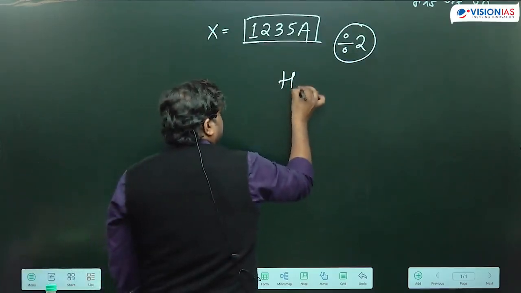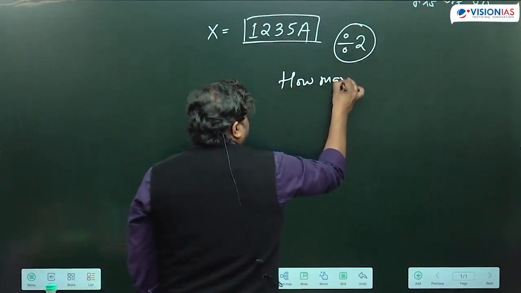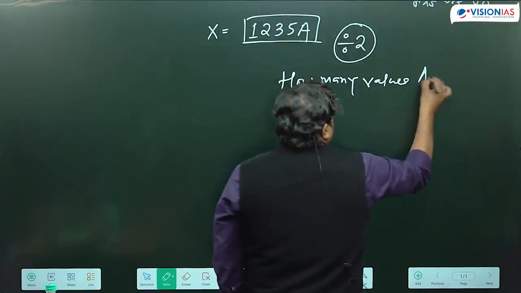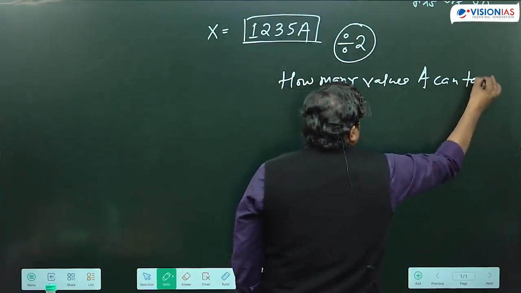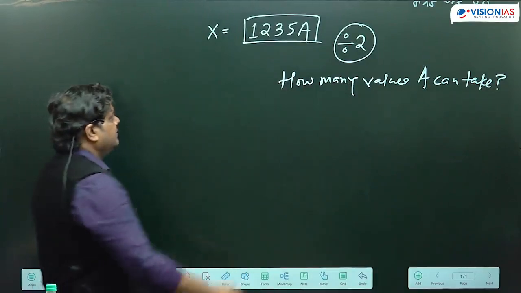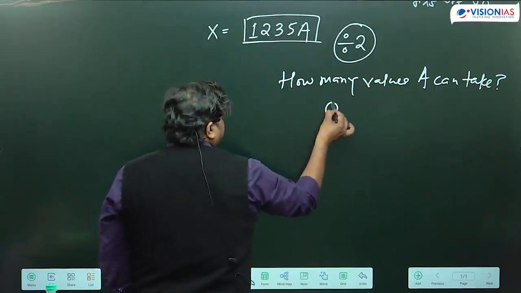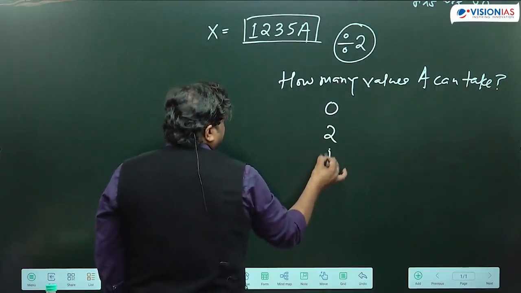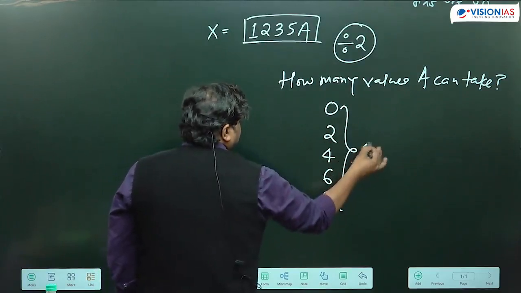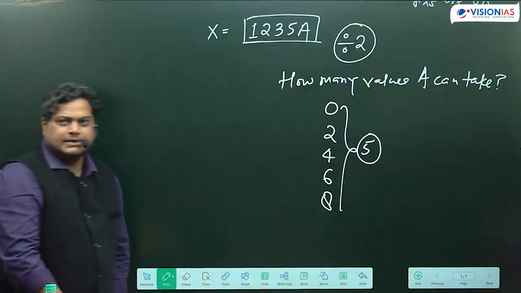How many values can a take? So a can take 0, 2, 4, 6, 8. Total 5 such values. Right?